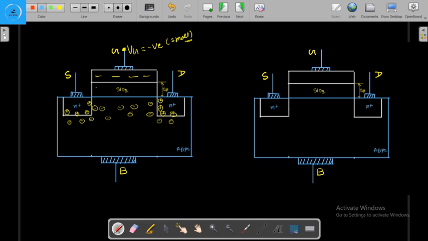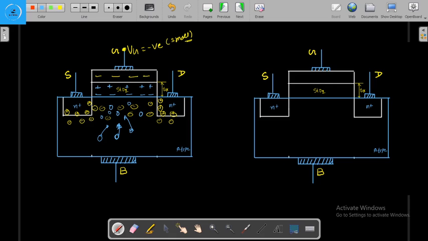So this upper surface will be positive, and this will be negative, and it will attract the positive charge. That's why it attracts holes from the p-type substrate, since the p-type substrate has holes as majority carriers, so holes will easily be available here.